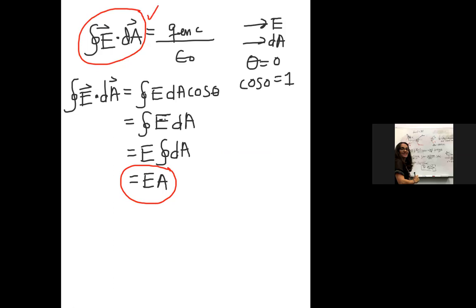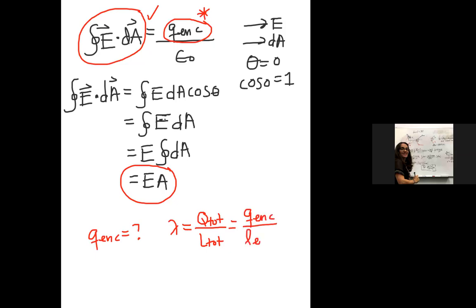Where do you set your brain power? Right here, Q enclosed. How much charge is enclosed within that? I don't know, but I know that I have this charge distribution. And what is this charge distribution? Well, it's uniform. So it is equal to the total charge over the total length, and because it's uniform, it is also equal to the enclosed charge over the enclosed length.